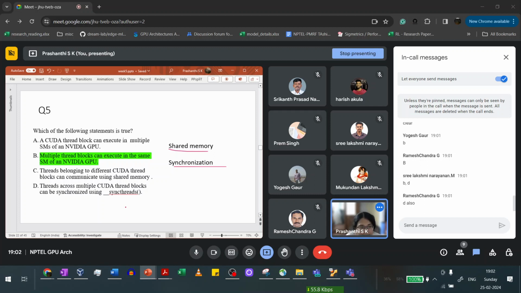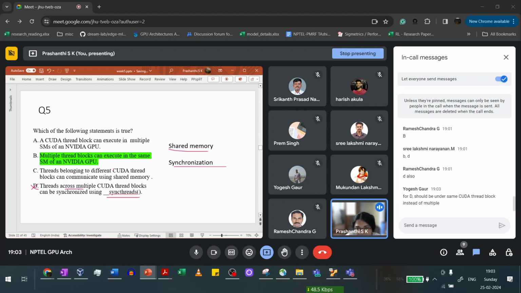CUDA makes sure that each block is executed independently, and as a programmer, you do not get any guarantees on ordering. Particularly using sync threads, you cannot synchronize across thread blocks. You can only synchronize within a given thread block. So this option is incorrect. Yes, under the same thread block it would be true, but this says across, so it's not true.